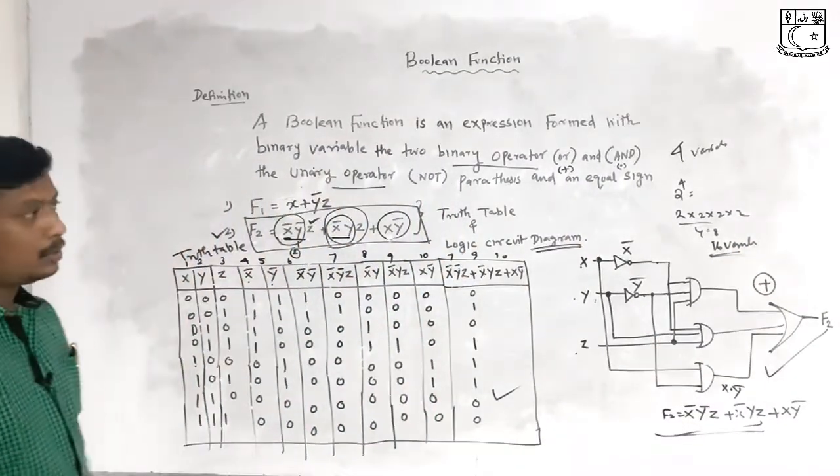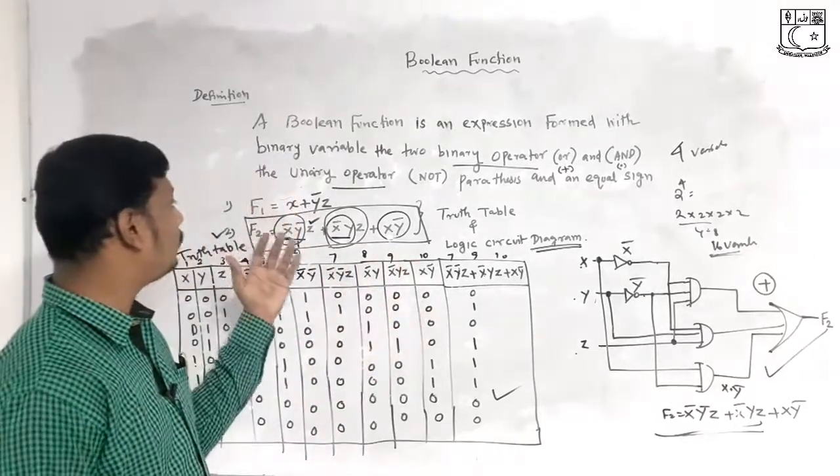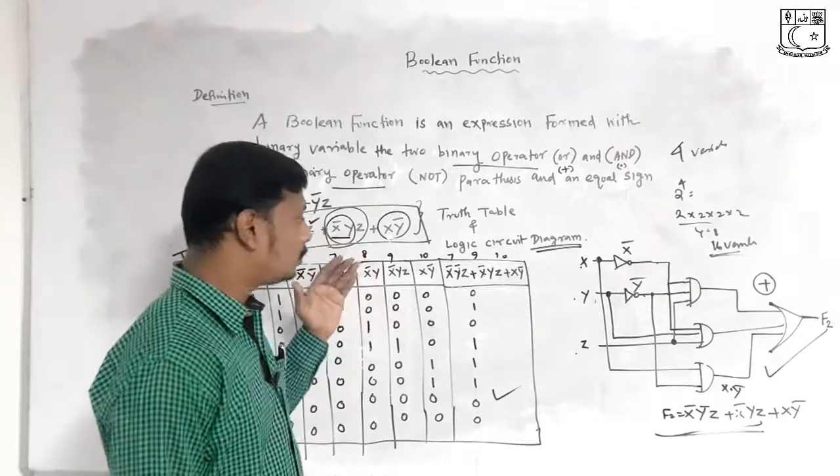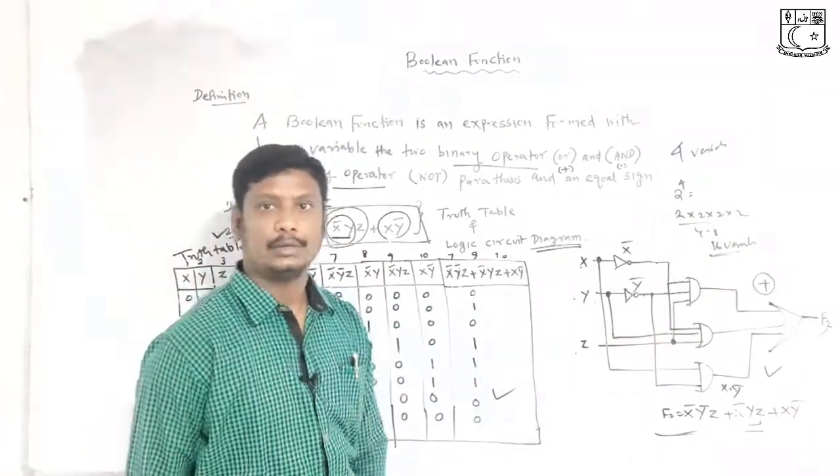So with the simple Boolean function definition, you can implement two things: one is the truth table, another is the logic circuit. Okay, thank you students.